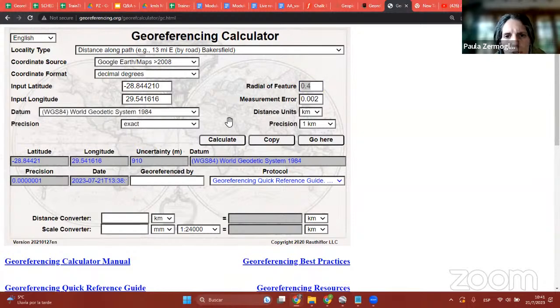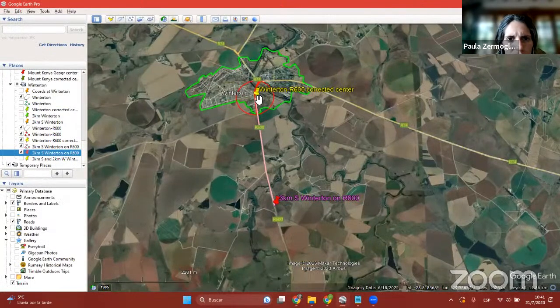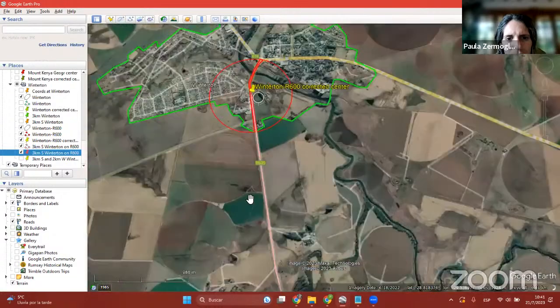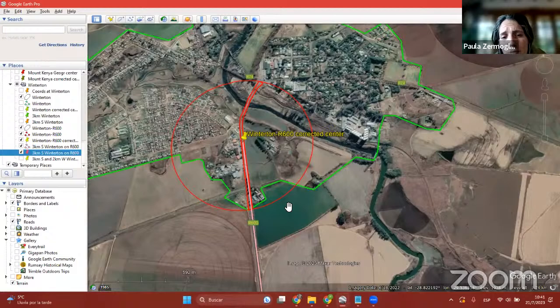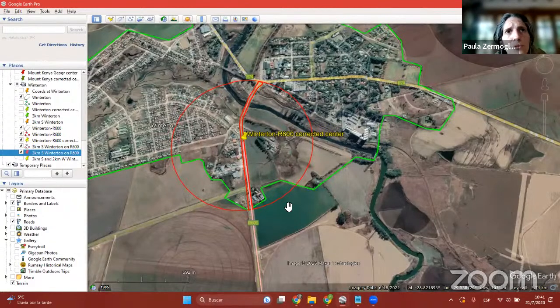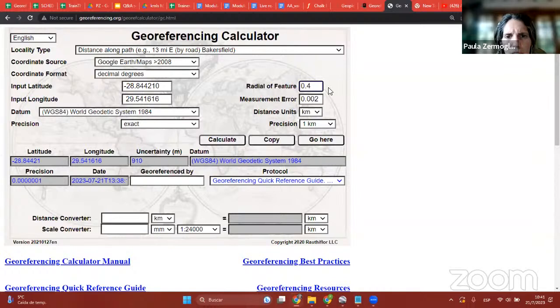So what is contributing is the radial of this feature that we determined here. If this radial is very big, the uncertainty will be big. If this radial is smaller, the uncertainty will be smaller. So let's change it. Suppose that this was, instead of 0.5 kilometers, it was 2 kilometers.